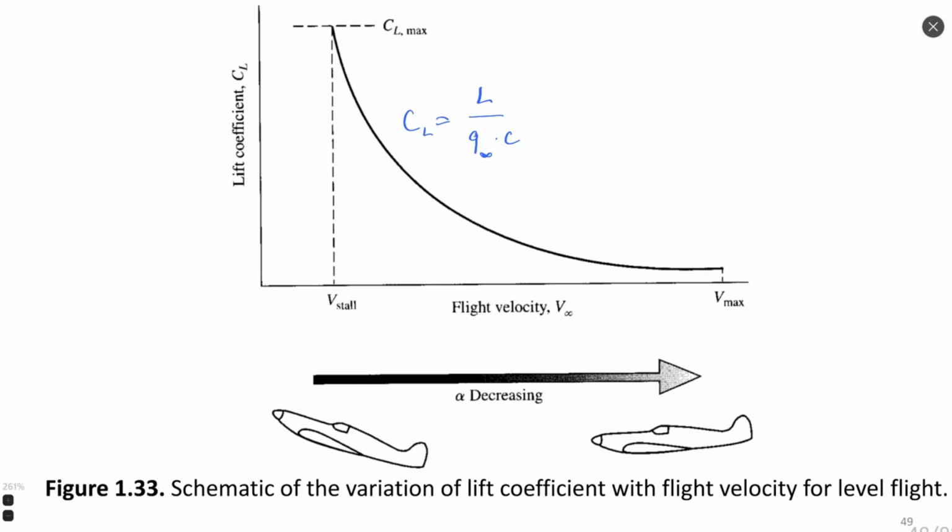In each case it is different. In general, an aerodynamic body requires some reference area. q infinity is dynamic pressure, which is calculated as 1/2 of density multiplied by velocity squared. And L is the lift force.